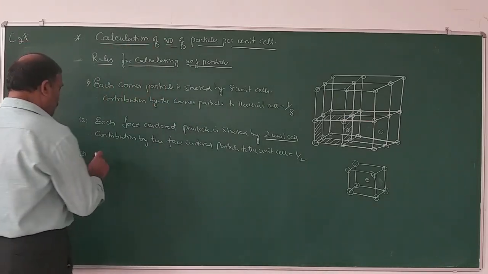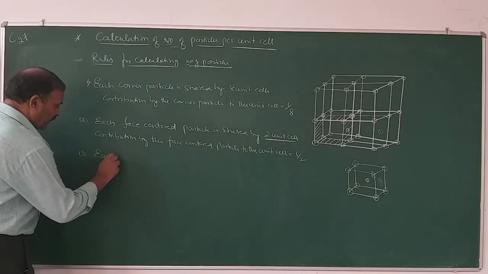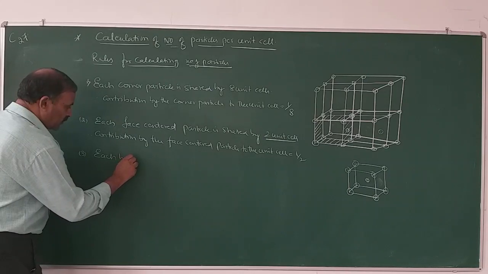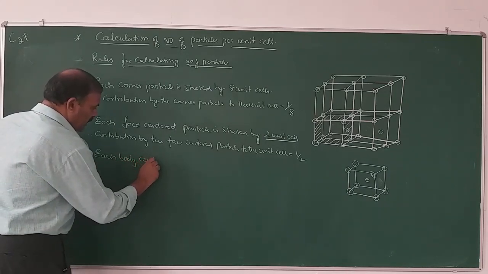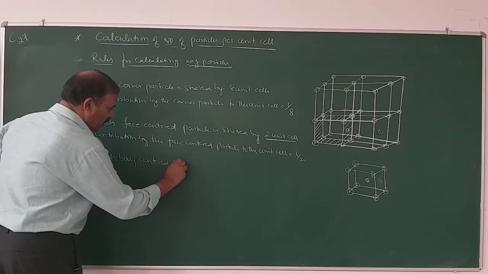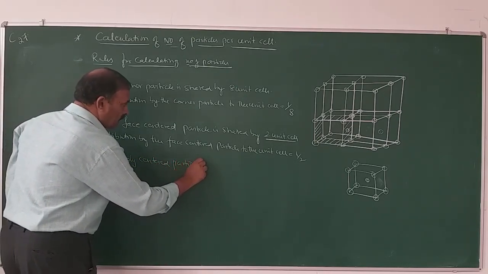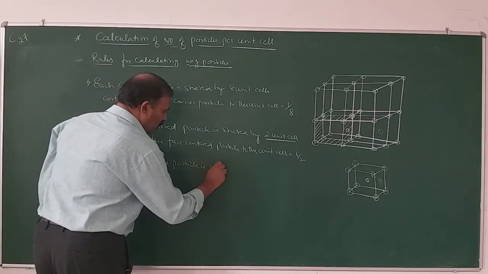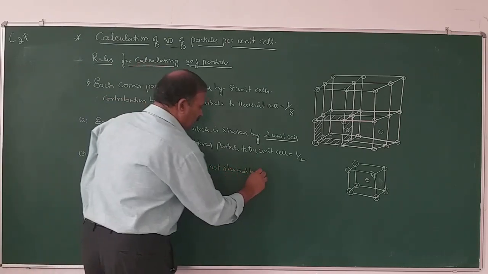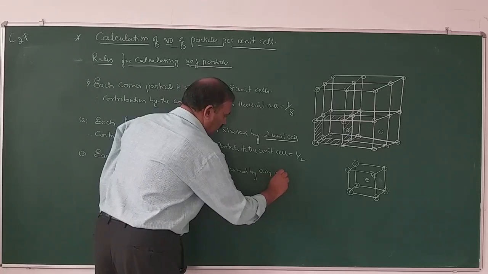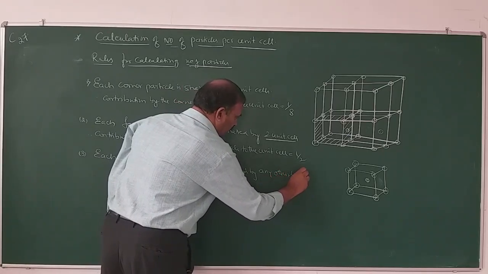So, third rule, each body-centered particle is not shared by any other unit cells.